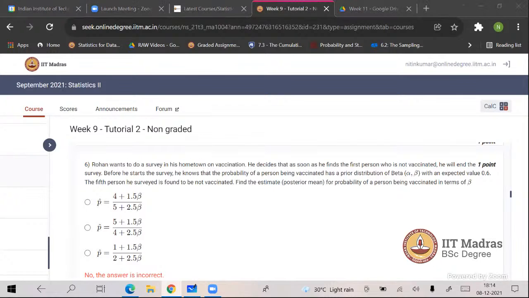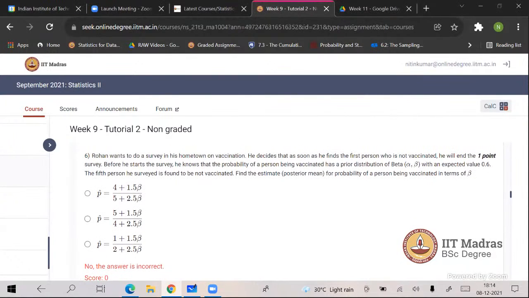The geometric distribution. So it's a geometric distribution with a prior beta. So I get that. So see, it's written P is the proportion of persons who are vaccinated, who are not vaccinated.